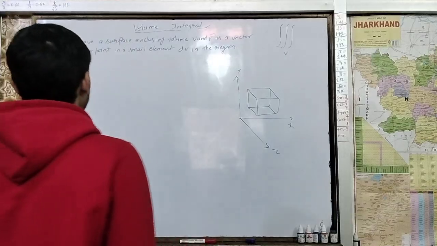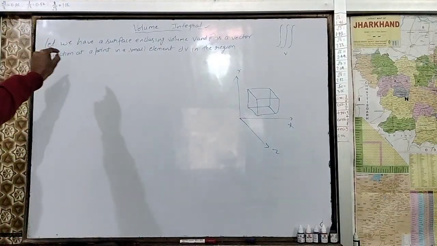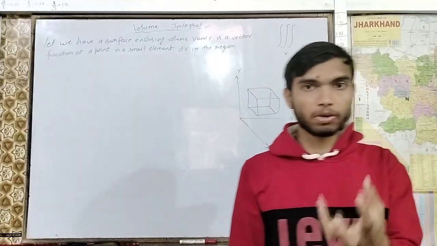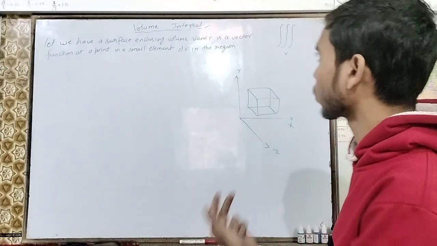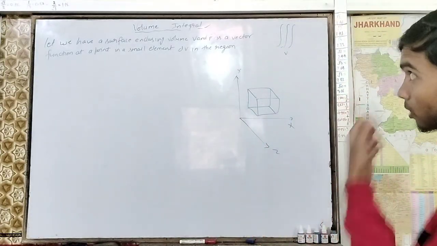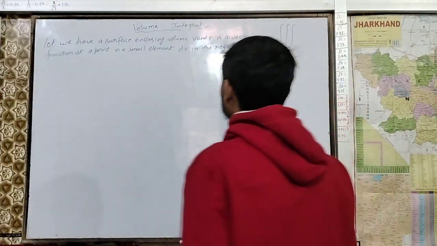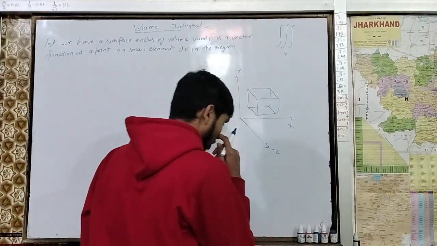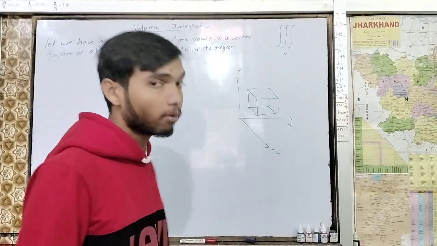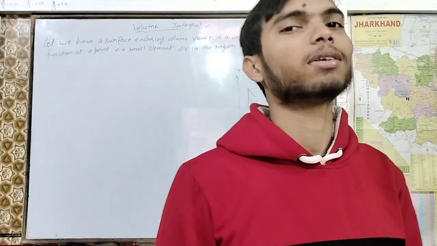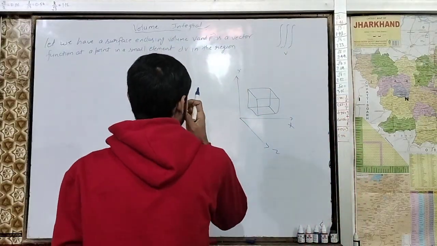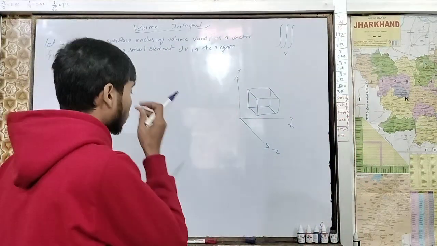Okay, first of all read this statement. Suppose we have a surface which is enclosed, enclosing volume V. Here V is a vector quantity. Hold on. V is a scalar quantity. We will not consider it as a vector quantity.